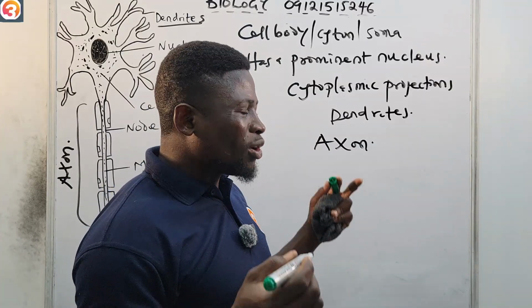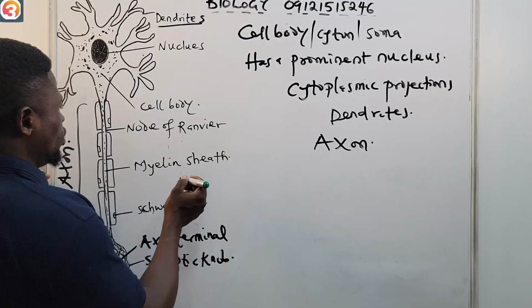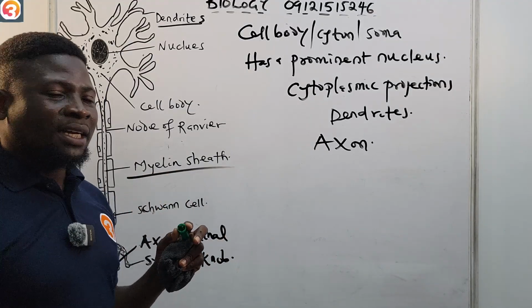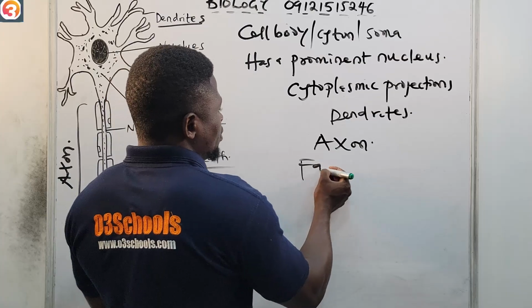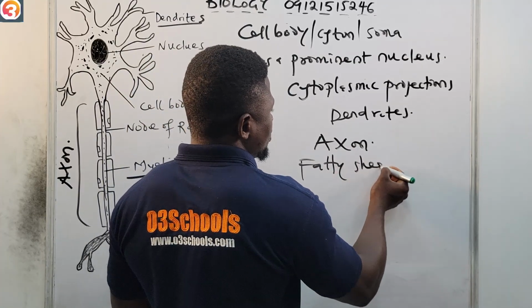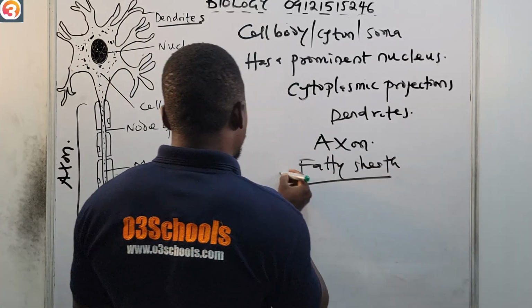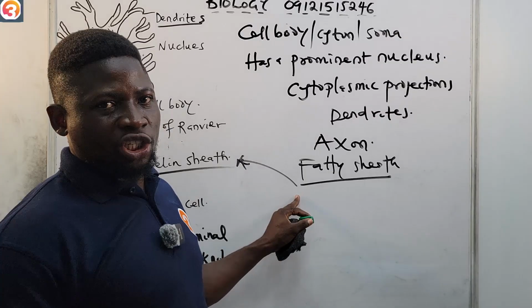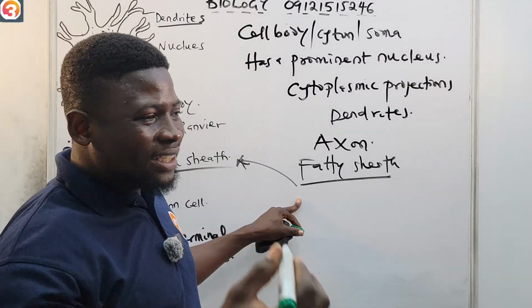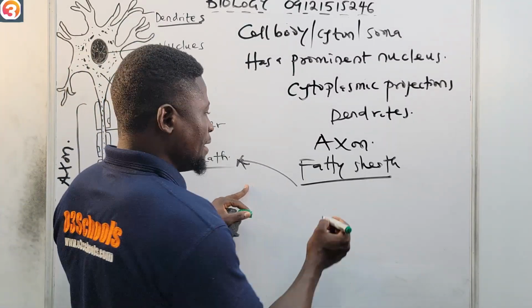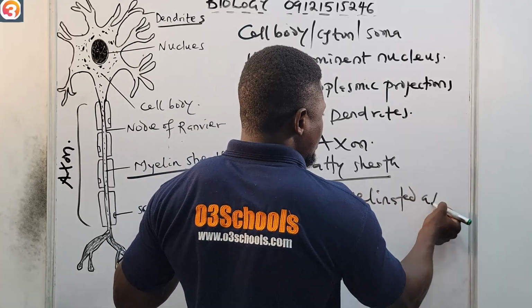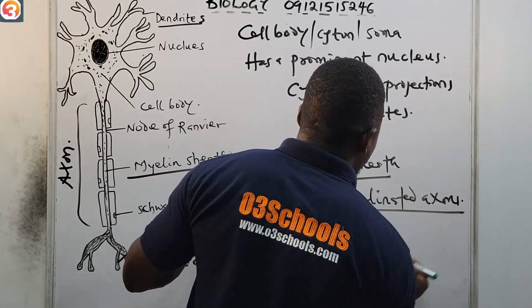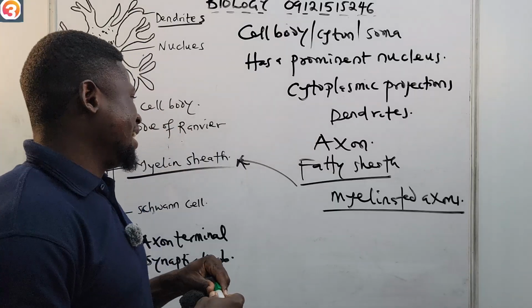The axon is surrounded by fatty sheaths, which are called the myelin sheath. Axons that are surrounded by myelin sheaths are called myelinated axons.